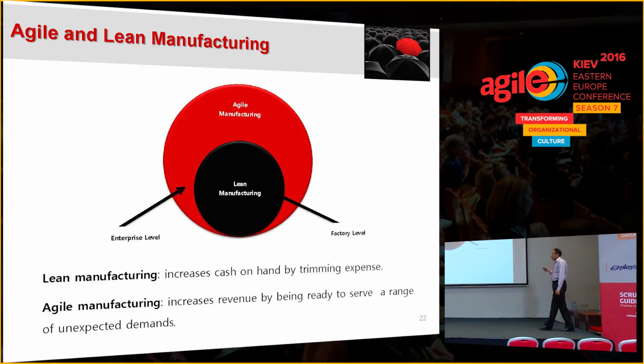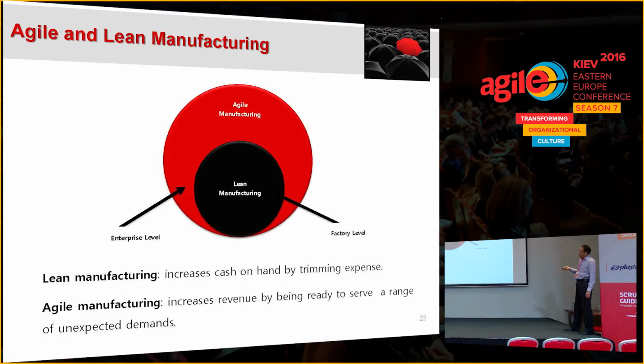I added this slide because many people asked me, when I chatted last night at dinner and the day before, what's the difference between agile and lean in manufacturing? From my point of view, lean manufacturing is just at the factory level. They try to reduce the cost and reduce the waste in the company.